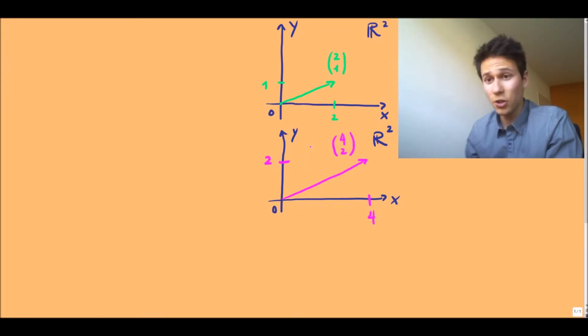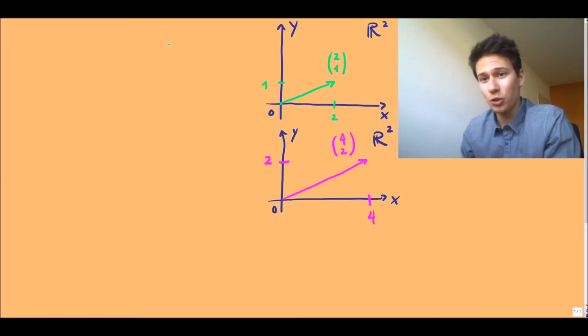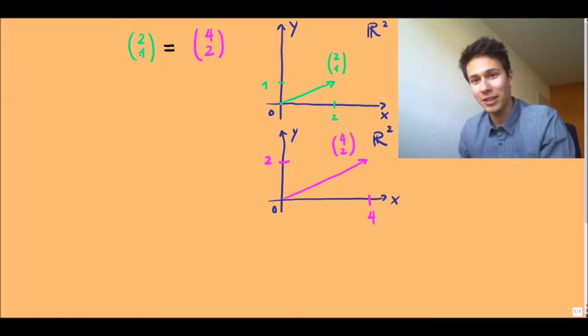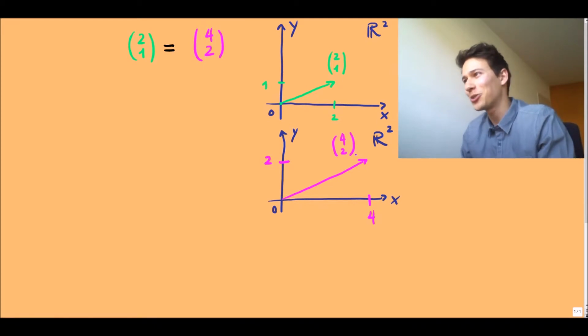And now I ask you, what would you have to do in order to get from 2, 1 to your new vector, which would be 4, 2? So what would you have to apply to this vector in order to get to your new vector?